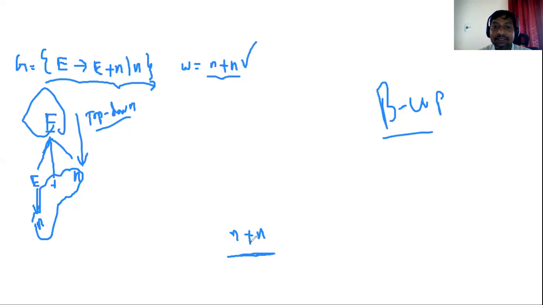If you take n plus n, it doesn't match any of the right-hand sides. E derives E plus n does not match n plus n, and E derives n does not match n plus n.